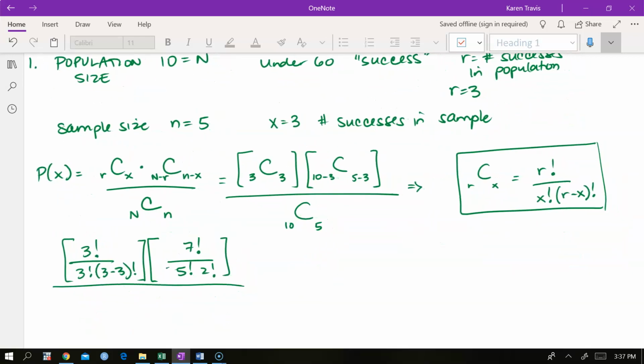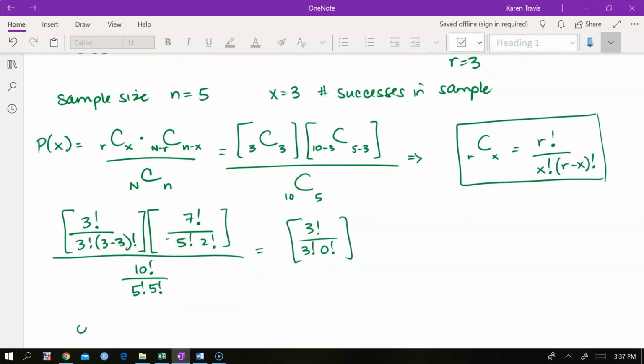And then the whole thing is going to be over 10 factorial divided by 5 factorial and 5 factorial. Working these out, we are going to have this for the first one. Remember, 0 factorial is equal to 1, so it doesn't divide by 0. So the first one is going to turn into a 1.